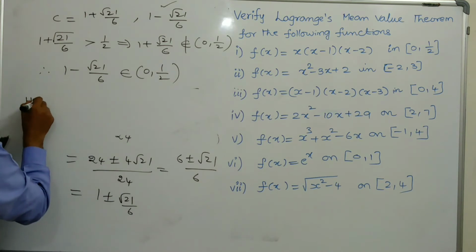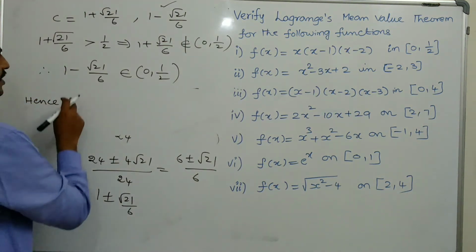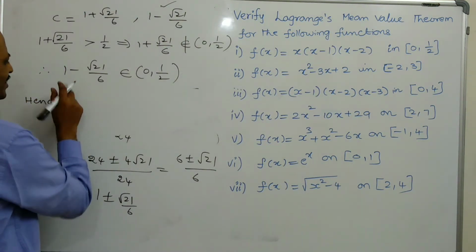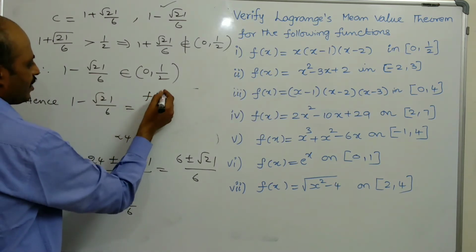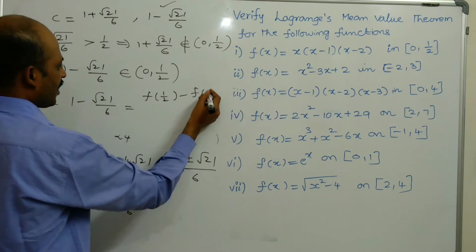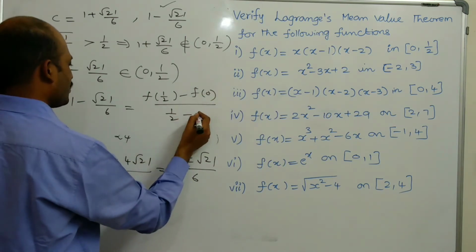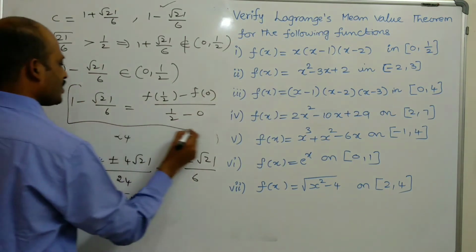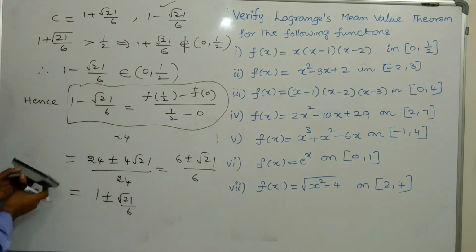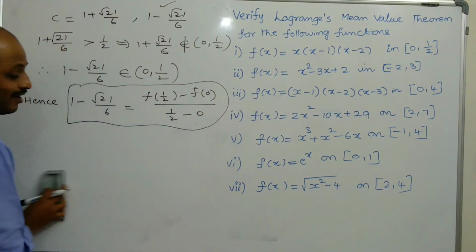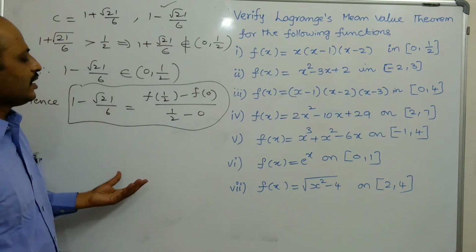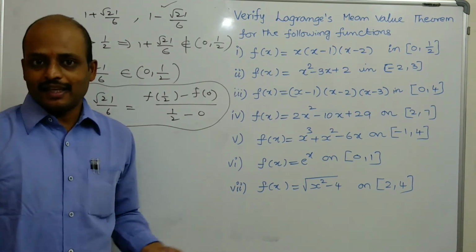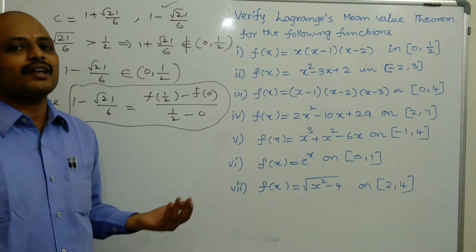Hence, we conclude that f dash of c, with c equal to 1 minus root 21 by 6, is equal to f of b, f of 1 by 2, minus f of a, f of 0, divided by 1 by 2 minus 0, which is the Lagrange's theorem constant. You observe the procedure, a little bit lengthy, but the calculation is simple and easy.